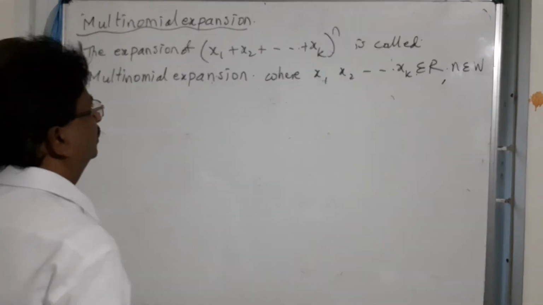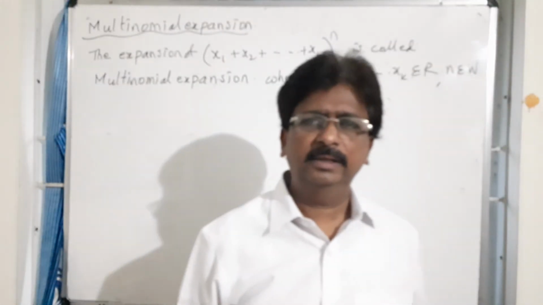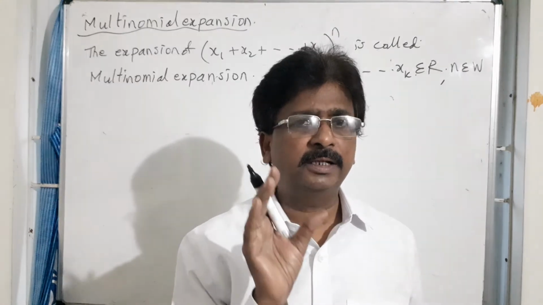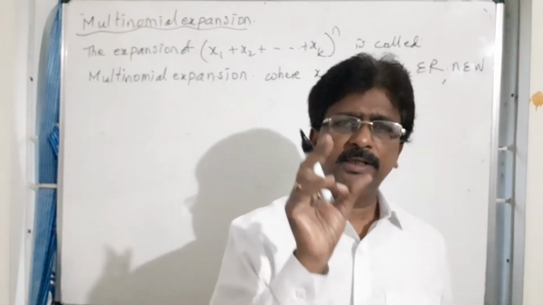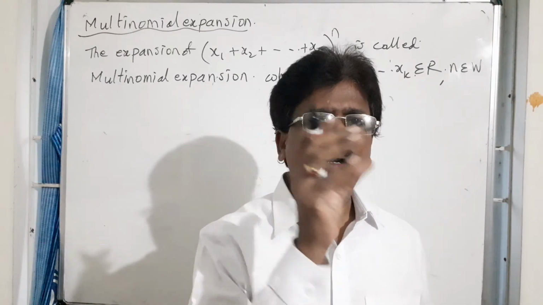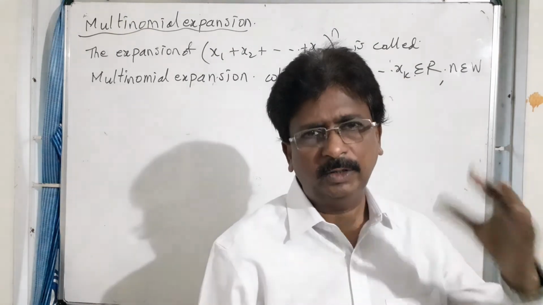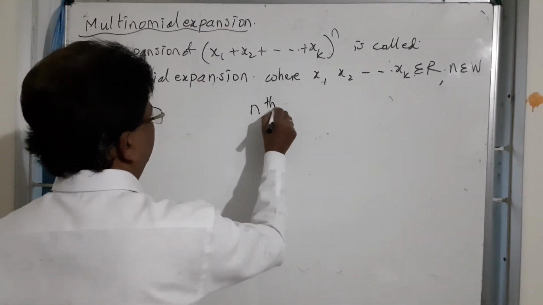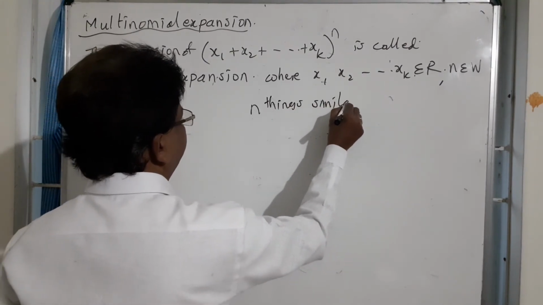Next. Now how many terms will come here? Just we have to go to the subject of permutations and combinations. In permutations and combinations, there is a topic of giving similar things to some persons. Now there are n things, and similar things are there.